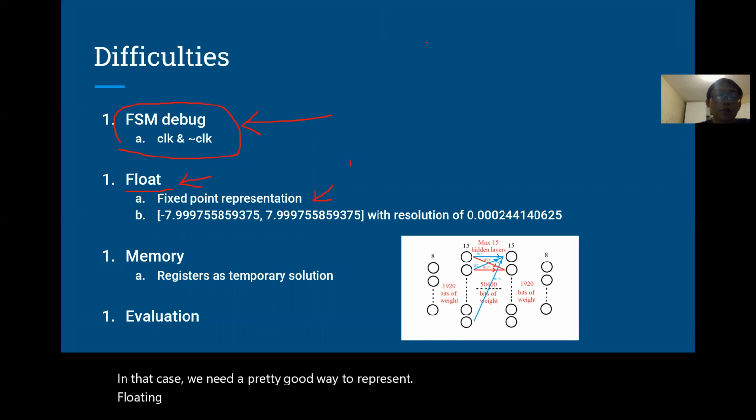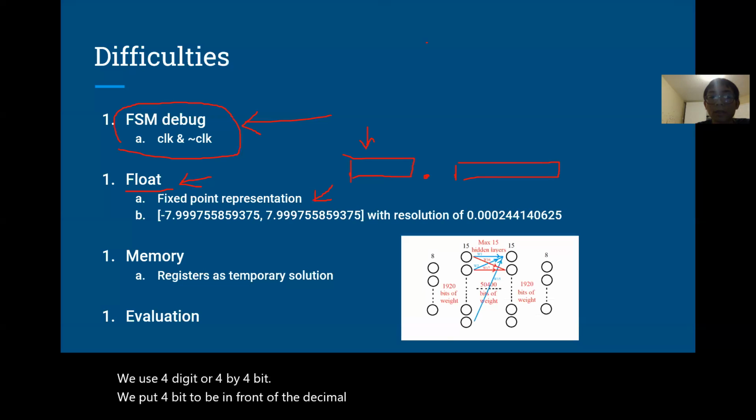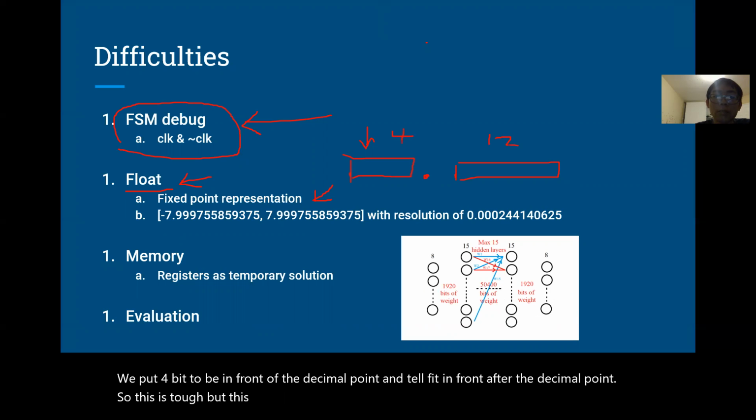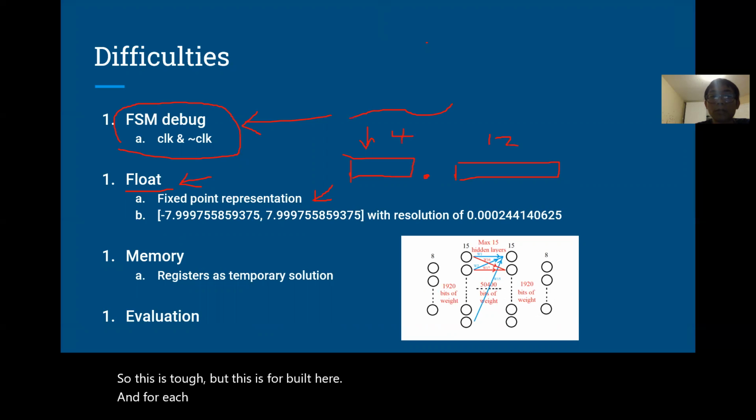In our case, we use 4 bits in front of the decimal point and 12 bits after the decimal point. So this is 12 bits, this is 4 bits here. And for each number, we represent it with 2 bytes.